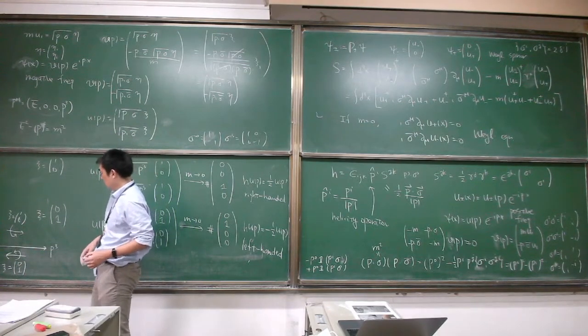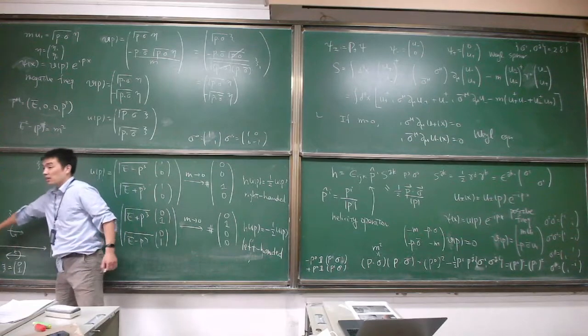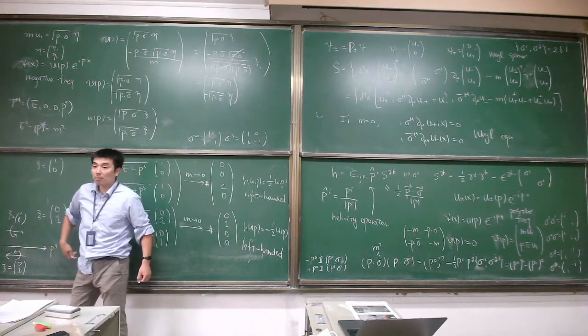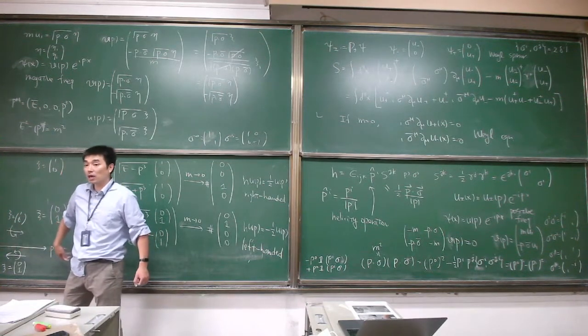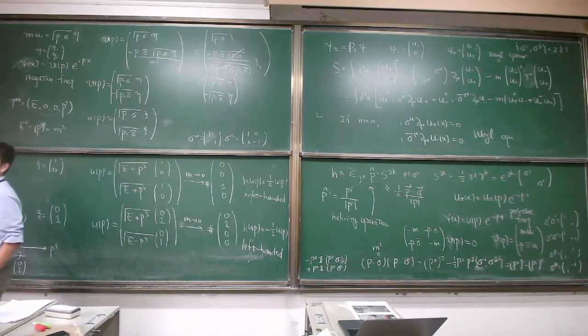So P3 is the momentum of the particle, the fermionic particle, and whether you have a spin up or spin down along the direction of the momentum is called chirality, right-handedness or left-handedness, in the case of the massless case. Okay.